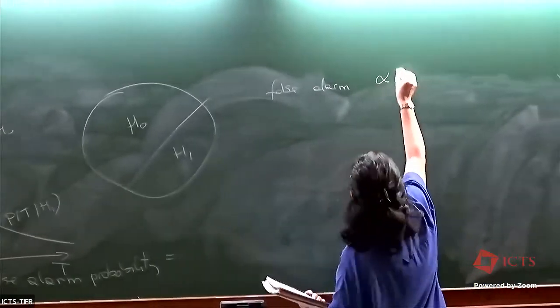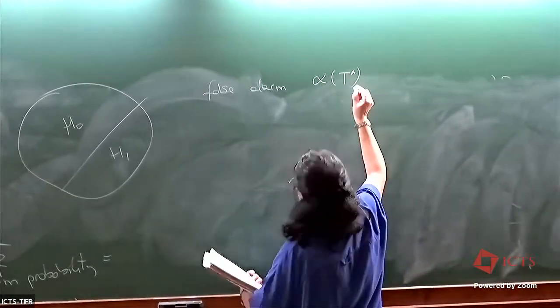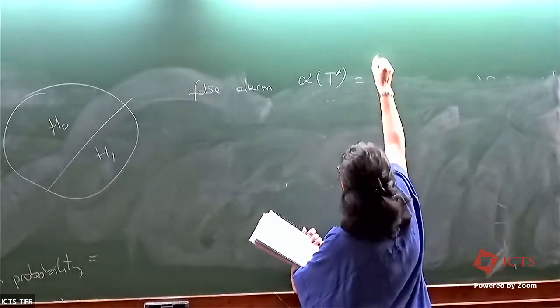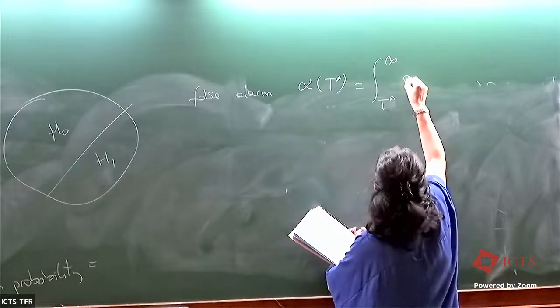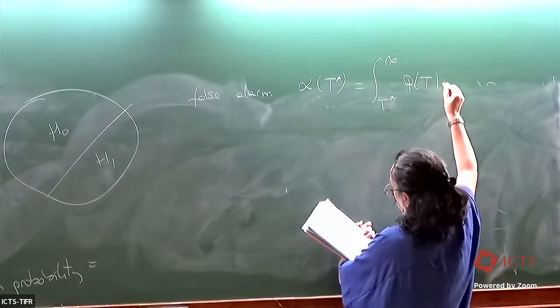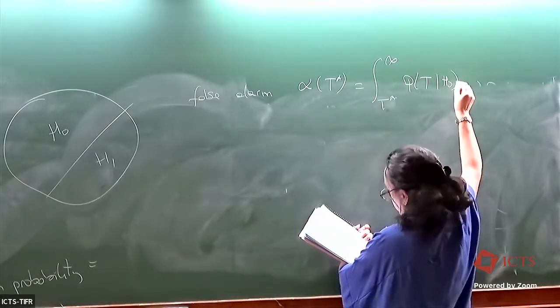Alpha, given a certain threshold, is the integral from this threshold to infinity of the probability distribution of the test given the null hypothesis.